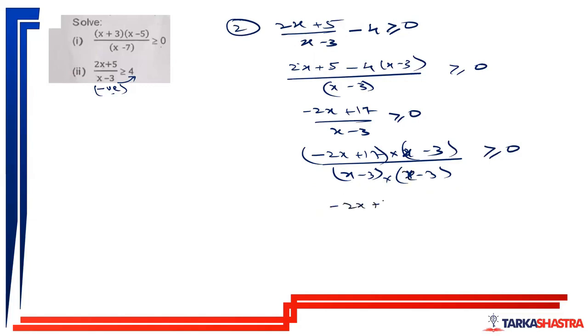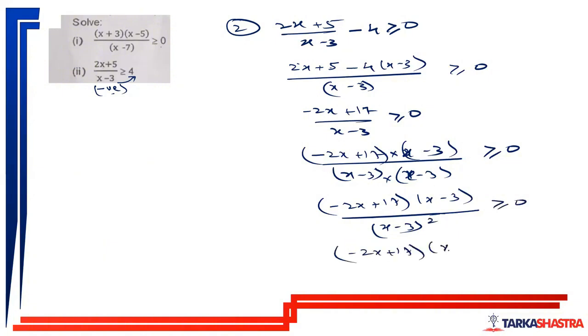So minus 2x plus 17 into x minus 3 upon x minus 3 square is greater than or equal to 0, which makes it minus 2x plus 17 into x minus 3 greater than or equal to 0, because this is a positive value and we can multiply and divide by a positive value without changing the nature of the inequality.